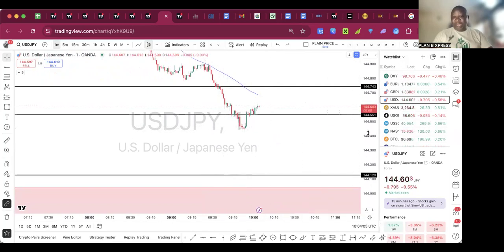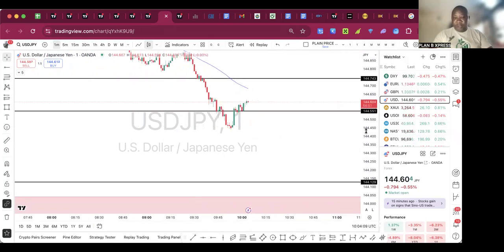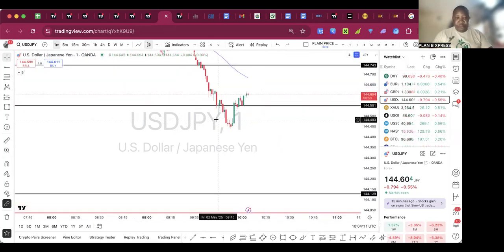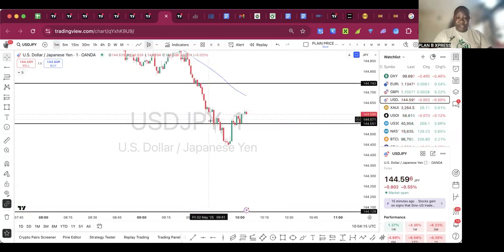Because if you look at it now, the market has come and created a low. But I can tell you, if this market must go up, look at what's going to happen. It has pulled this, and then this is a high. Okay, it has pulled this.